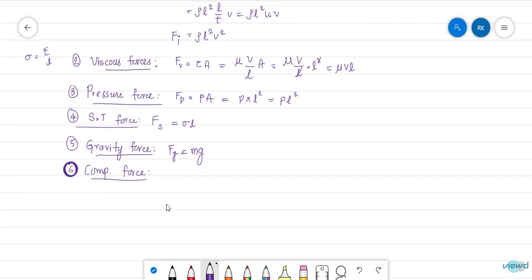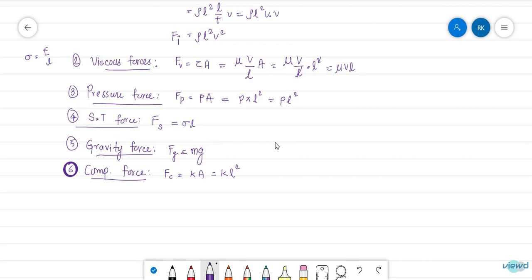If the fluid is compressible like air, then there is a compressible force that will be acting. So compressible force is equal to bulk modulus into A, so K into L square. So this is the compressible force.